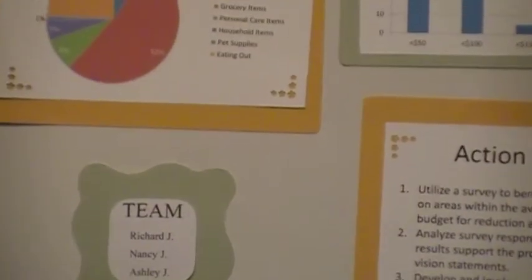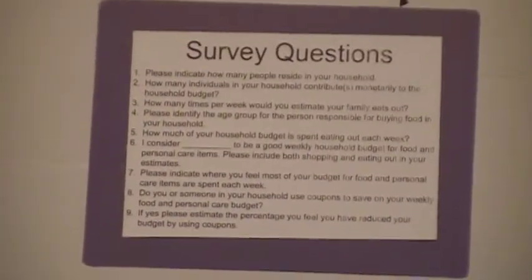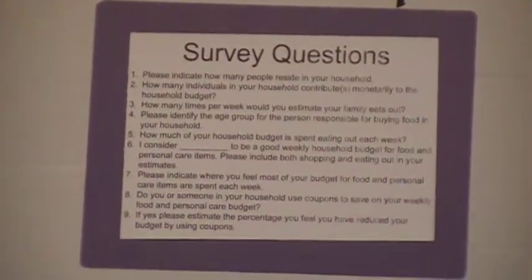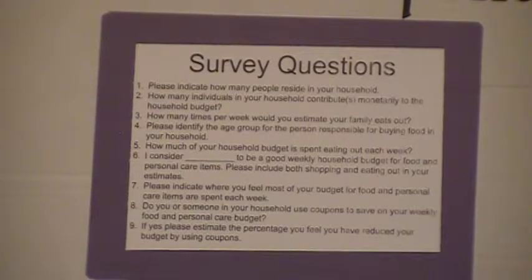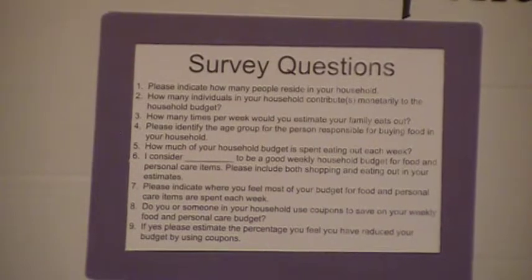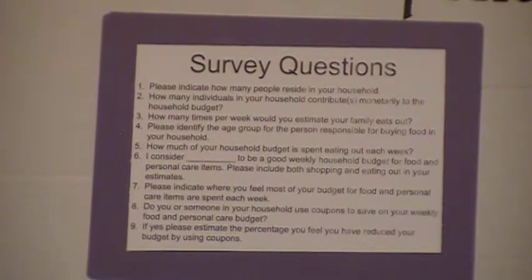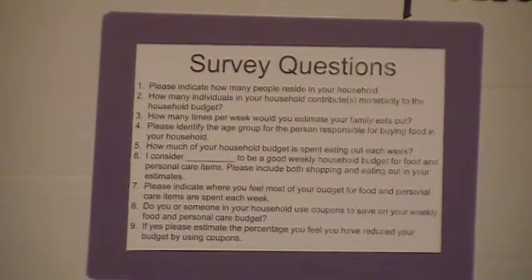I created and posted a survey on surveymonkey.com to gather data for my project. I'm not going to go into the survey questions. You can see what they are there, but the data that I collected is, I've chosen a few of the questions to address and to make a chart for.